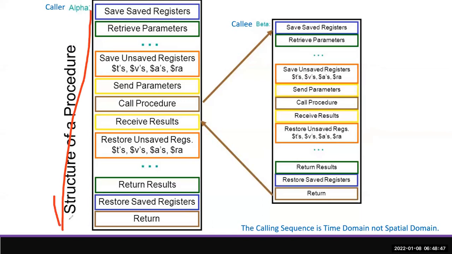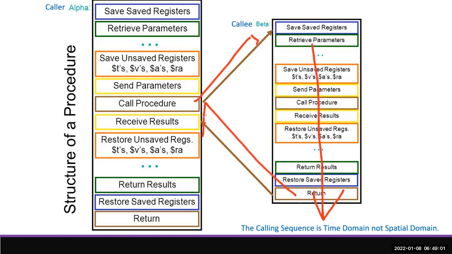This is not the call stack's content. Calling your procedure would have these different things to do one by one until you finish your program and come back. This is not called a state diagram. This one is the calling sequence example.